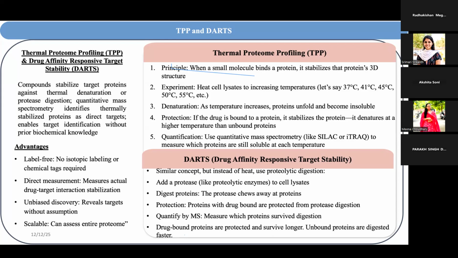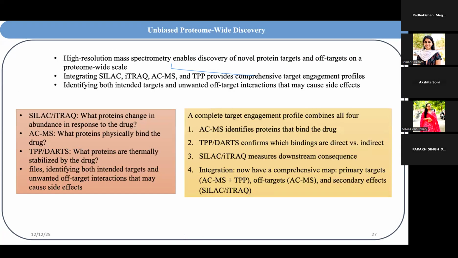And again, we measure with mass spectrometry. So drug-bound proteins are protected and survive longer, while unbound proteins are digested faster. The advantage of using this is that no prior biochemical knowledge is needed.